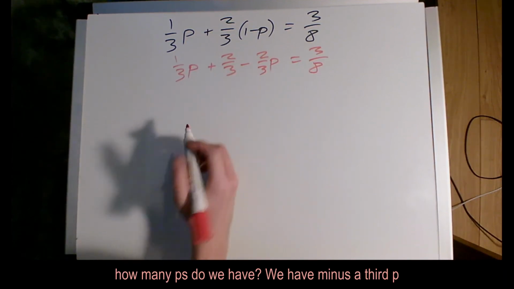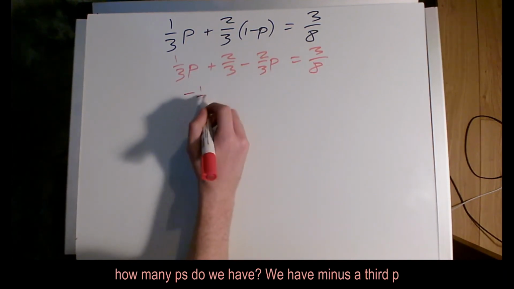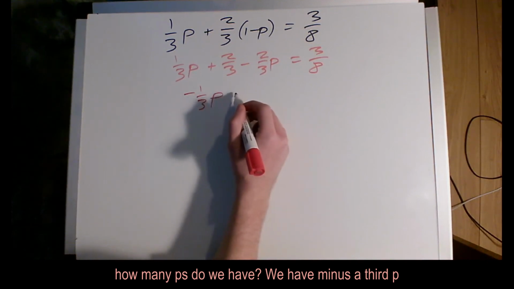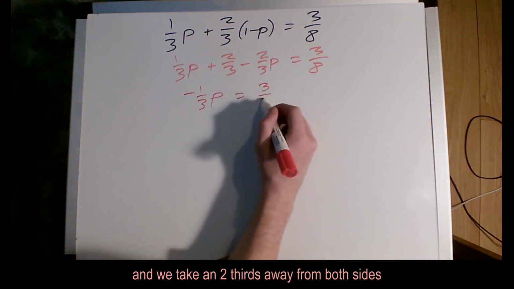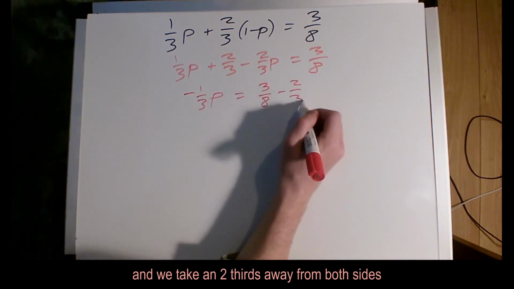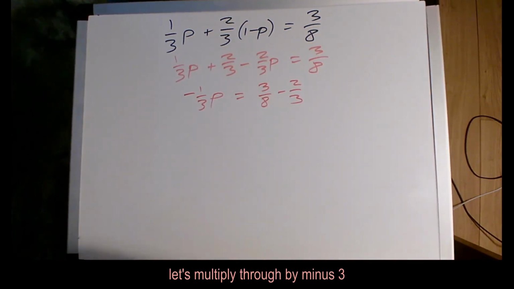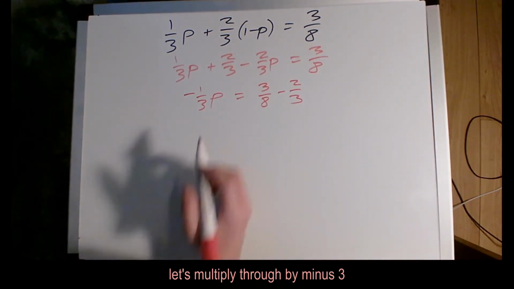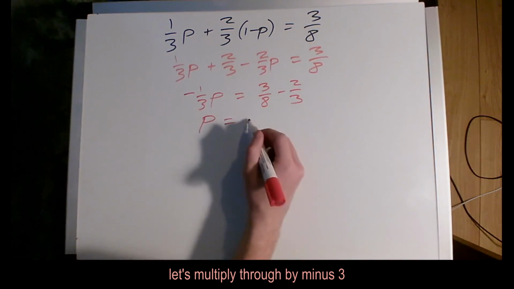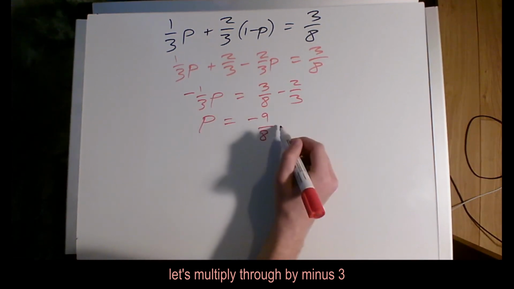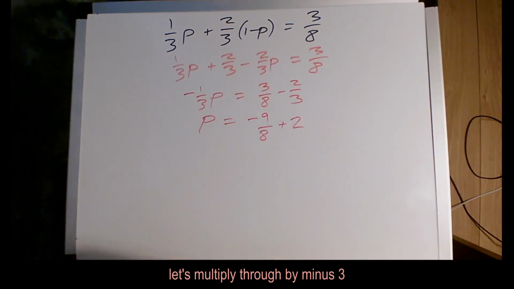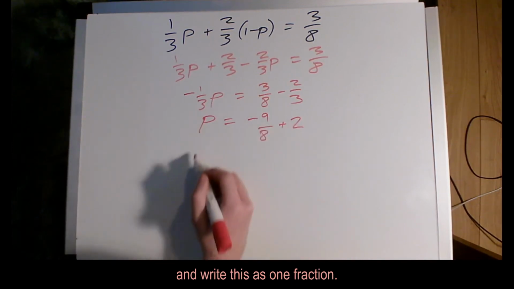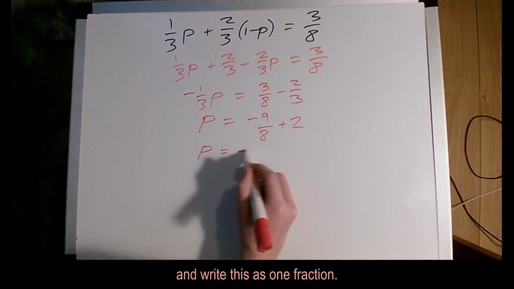So how many P's do we have? We have minus a third P, and we've taken 2/3 away from both sides. Let's multiply it through by minus 3, and we'll write this as one fraction.